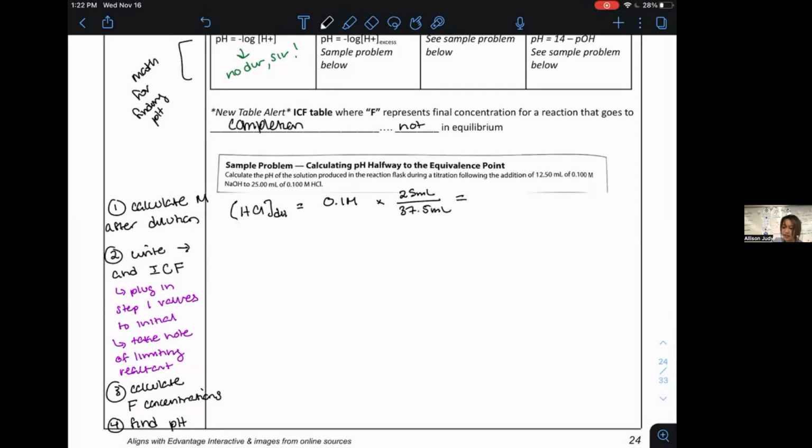So it gets me a concentration of 0.067 molarity. Okay, then I need to calculate, okay, well, what's the molarity of my NaOH? Okay.